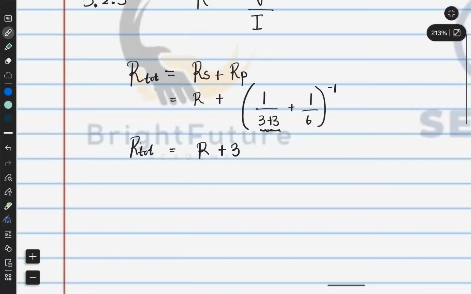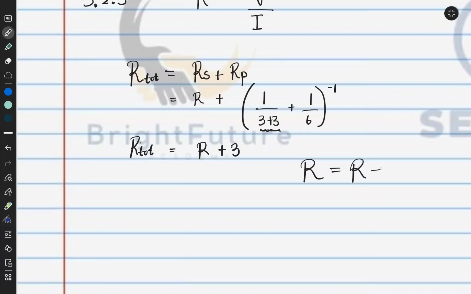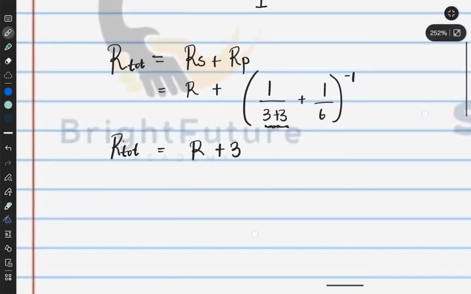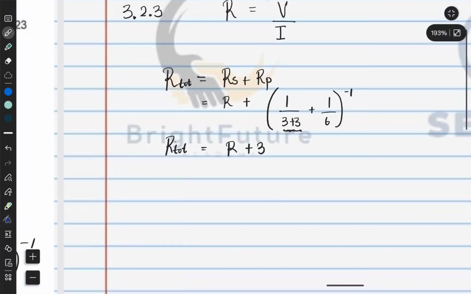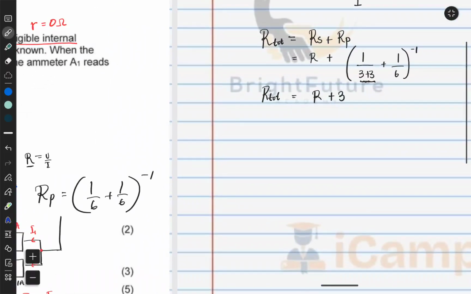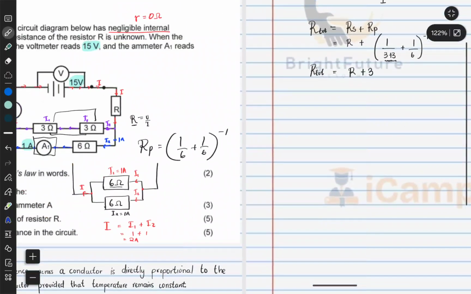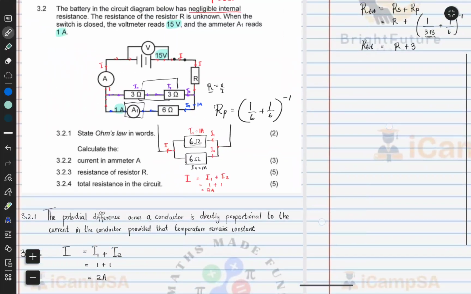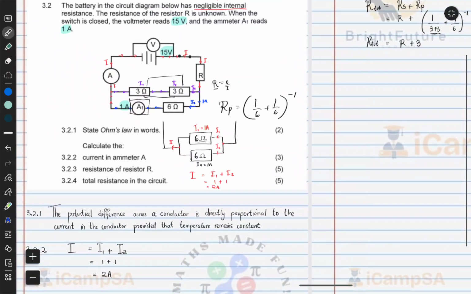The reason I'm calling it R tot is so that I don't confuse my R's, because if I just did this, it makes no mathematical sense, okay? It would confuse you with time as well. And in an exam, there's pressure and so many things. You might end up doing funny mathematical operations. Anyway, so that's what's happening now.